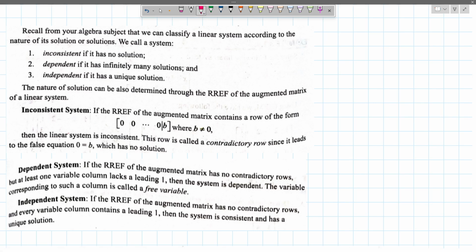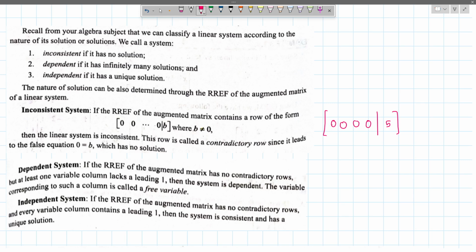A system is inconsistent if there exists a row wherein all the coefficients are zero, but the constant value augmented to it is not equal to zero. For example, if we have 0, 0, 0, 0, and then the value here is 5 in one of the rows.